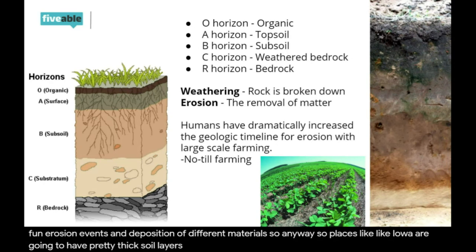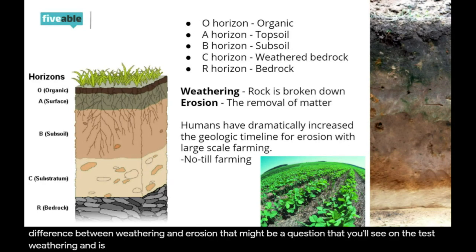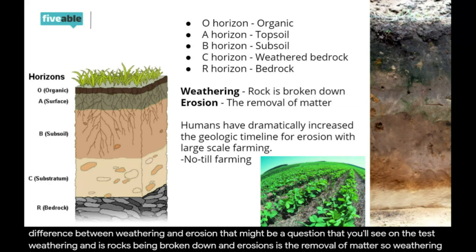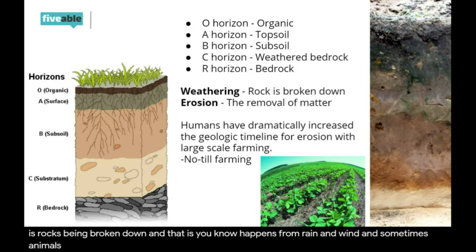And then just some more definitions here. What's the difference between weathering and erosion? That might be a question that you'll see on the test. Weathering is rocks being broken down, and erosion is the removal of matter. Weathering happens from rain and wind, and sometimes animals can break down rocks.